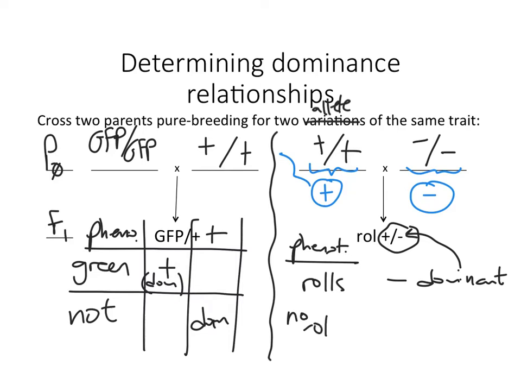If it doesn't roll, if it just crawls normally on the plate, which allele is dominant? Better be the other one. Then the plus, the normal, the wild type allele is dominant.